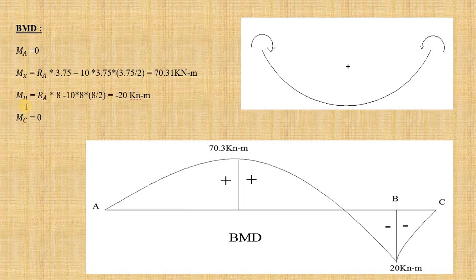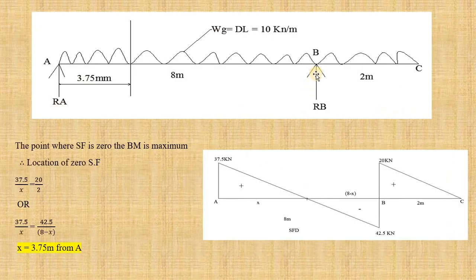Next is the moment at B. At this point I should find the moment, and I have considered the left portion. If I consider the left portion, from here to here, whatever reaction loads are there, I should consider that. The first one is the RA reaction, so RA into 8 meter.